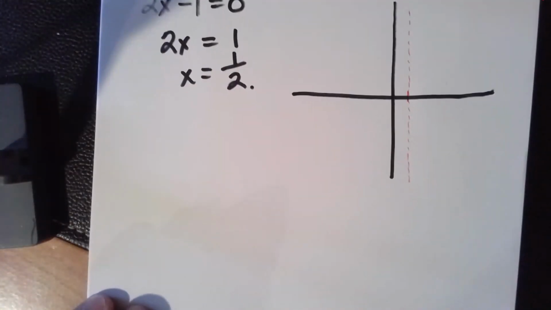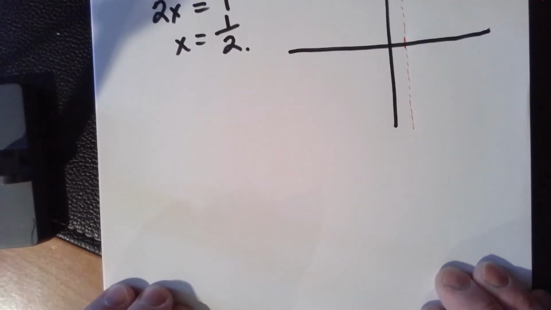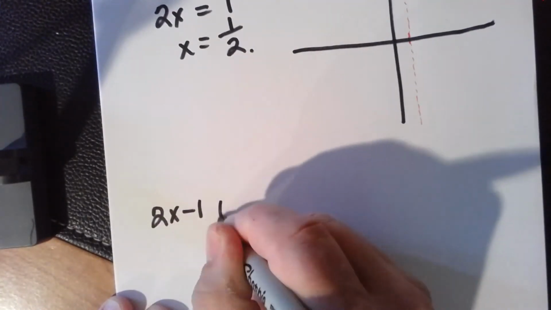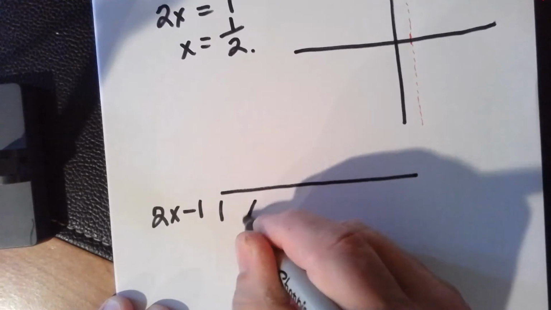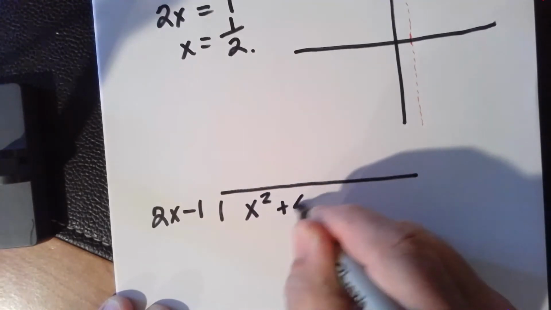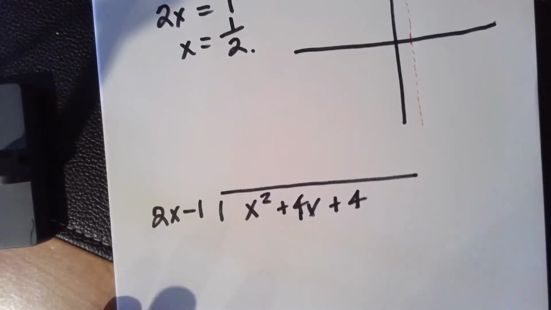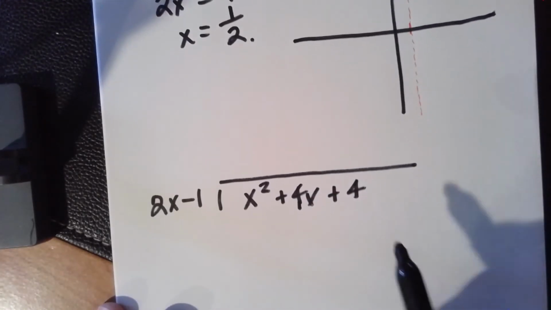Let me go right down here in the corner of my paper and let me divide that for you. I have to divide the bottom into the top. And I only divide, guys, to the point where I get a slope and a y-intercept. That's all I need.